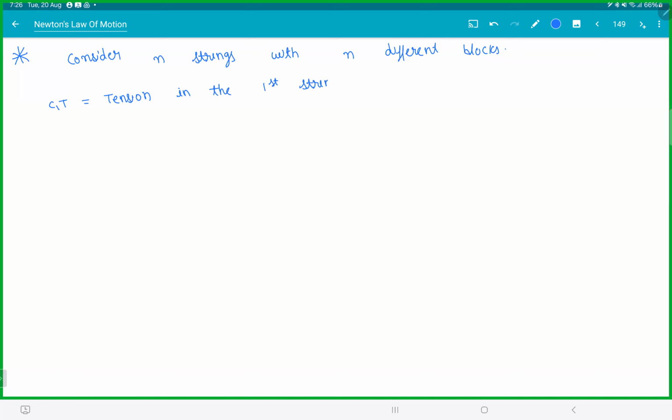Now, what is the first string? Your choice. You call any string the first or any string the second, and so on. So if I take C and T, this will be the tension in the nth string, and C1, C2 are the coefficients. So here Cn is the coefficient of tension for the nth string.